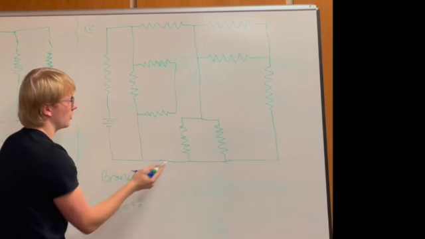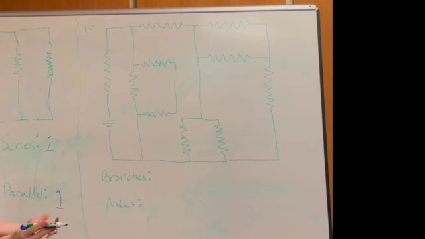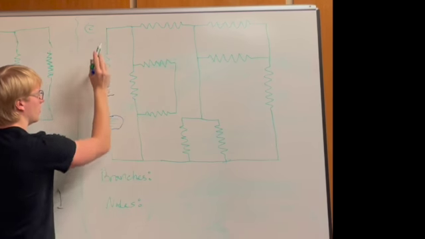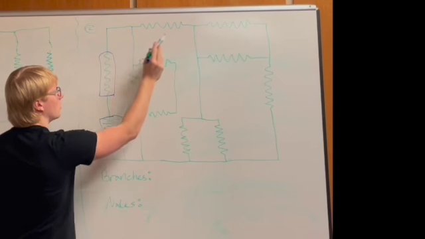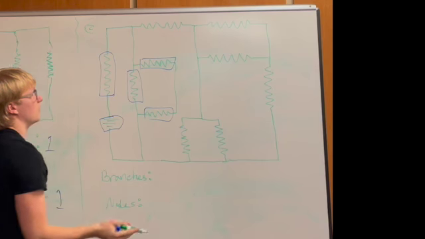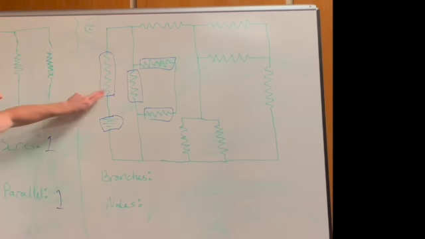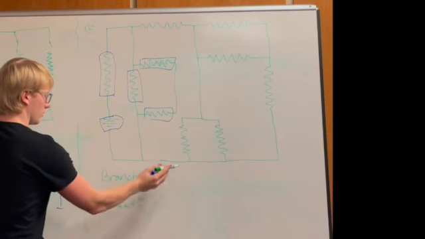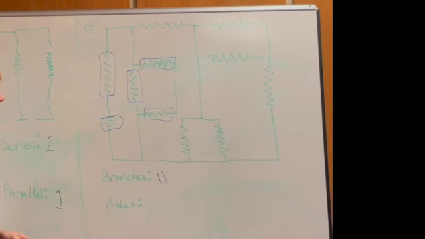All those are resistors. But branches is the easiest one to comprehend. Branches are like this right here, this right here, all of these resistors, and so on and so forth. So 1, 2, 3, 7, 8, 9, 10. There's 11 branches in this system.